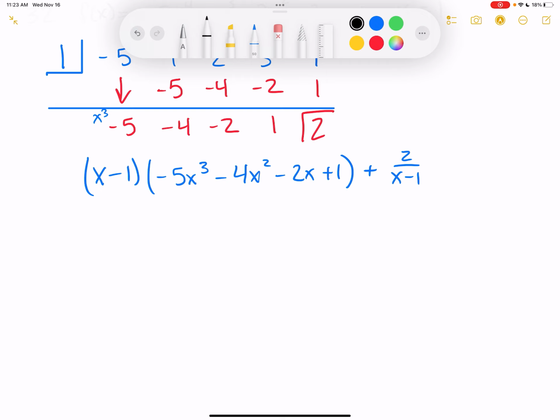34: f of x equals x squared minus 4x minus 5, and k equals 5.